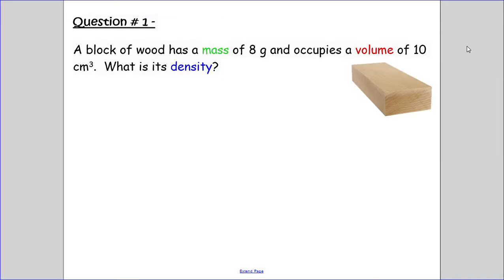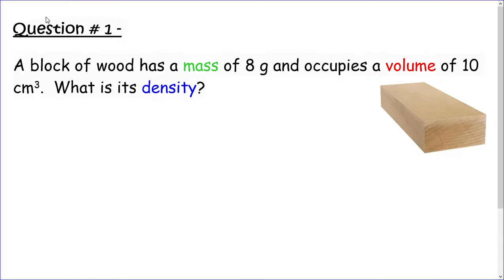So let's start off and we'll take a look at a couple of examples. So a block of wood has a mass of 8 grams and it has a volume of 10 cubic centimeters, and it's asking what's its density. So what I would like for you to do is pause the video and see if you can figure out what that would be, and then come back when you're ready.